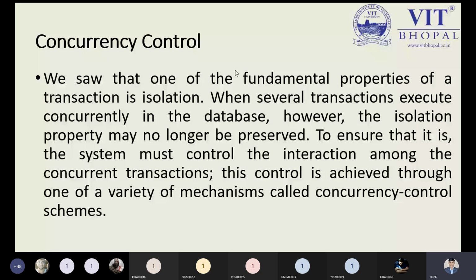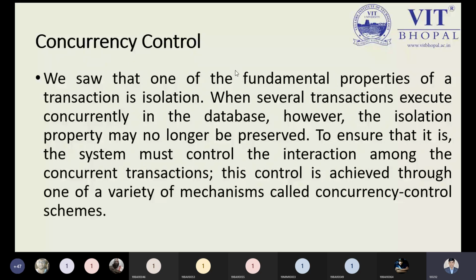But in several transactions, the isolation property is not preserved. So how to manage or ensure this has to be controlled by some mechanism, and that is known as concurrency control. Concurrent execution can be done in a smooth way, but it should be controlled to manage the preservation of the isolation property, and that is required.